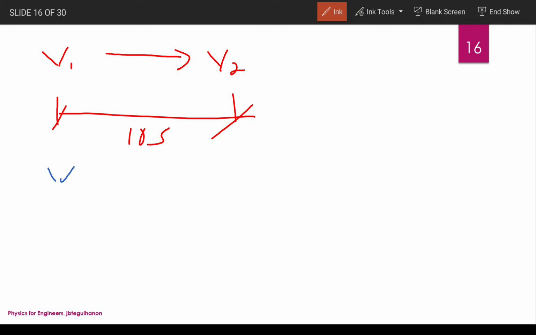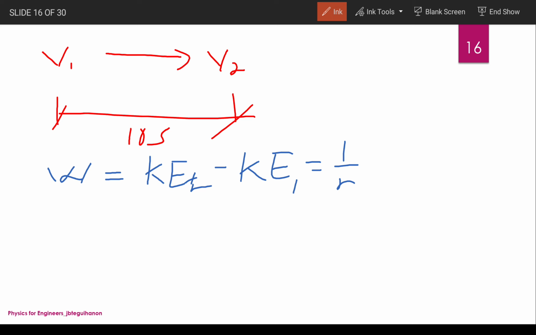So work is equal to kinetic energy 2 minus kinetic energy 1. And that's going to be equal to, siyempre, 1/2 mass V2 square minus 1/2 m or mass V1 square, right?